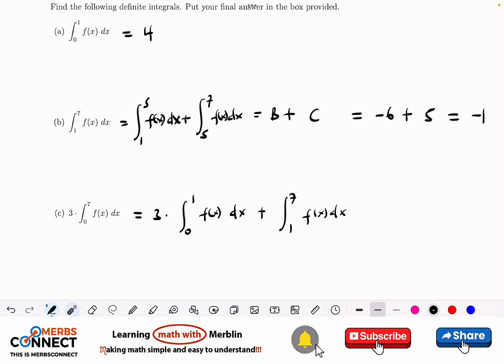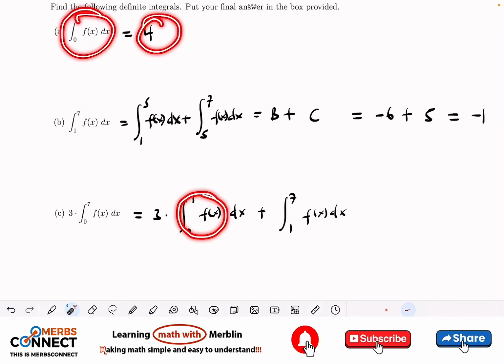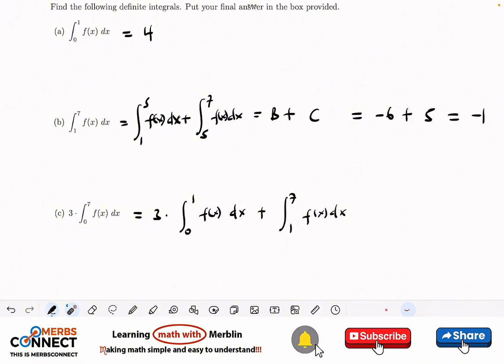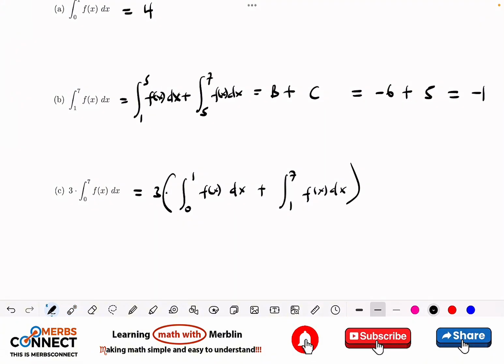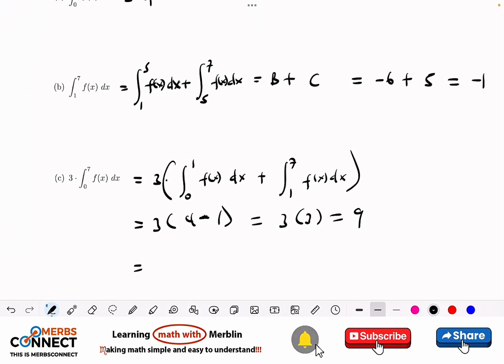You see the way I split the integration, from 0 to 1, then 1 to 7. The reason is that this one is 4, and this one is -1. So I can just write this as 3 times 4 minus 1, and this is 3 times 3, which is equal to 9.